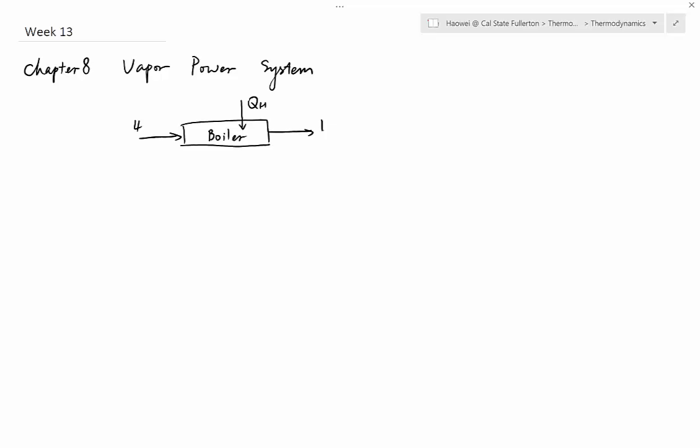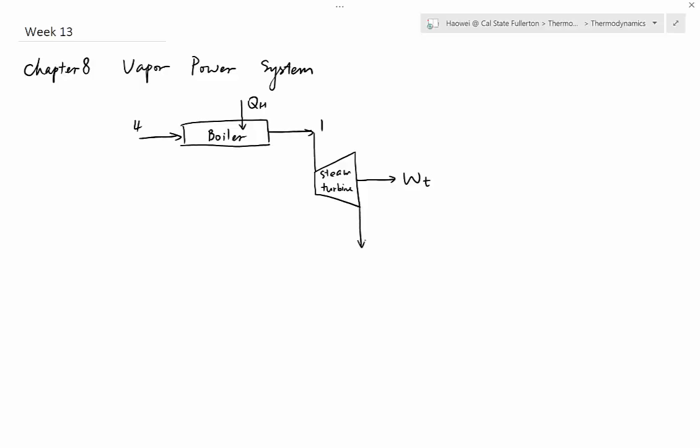And then after the boiler, it is a steam turbine. Remember, we always use a diverging duct for a steam turbine because what happens inside is always an expansion process. This is a steam turbine. What a steam turbine does is to generate work. We call it WT.